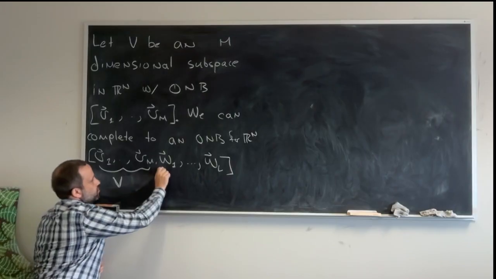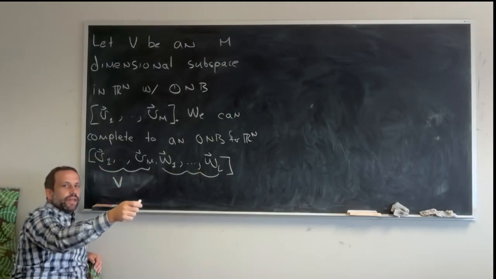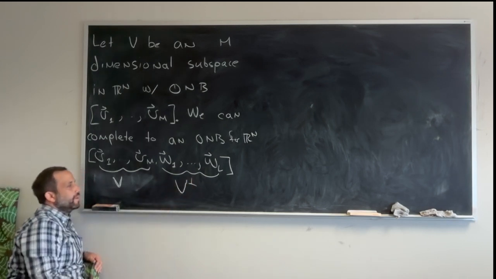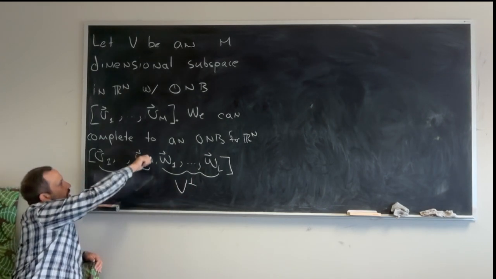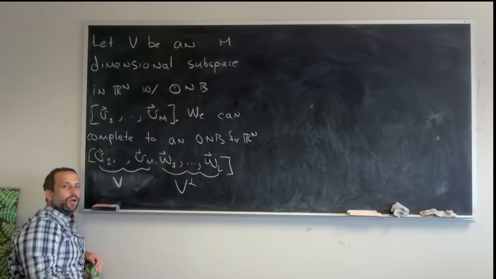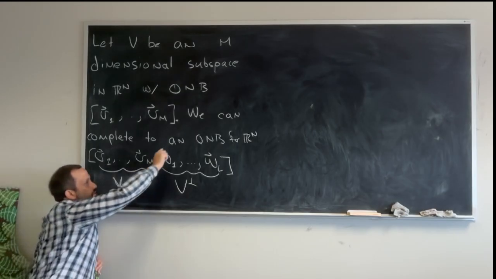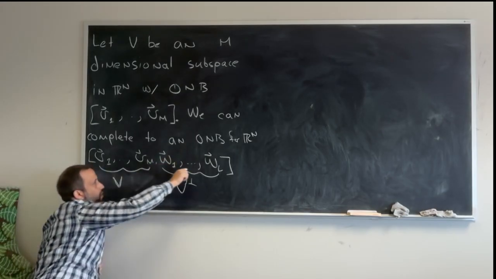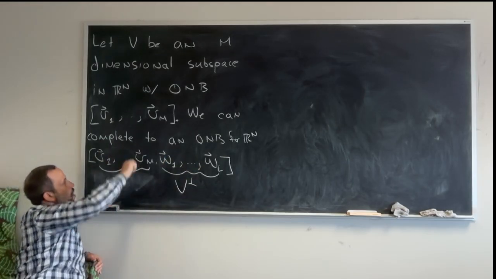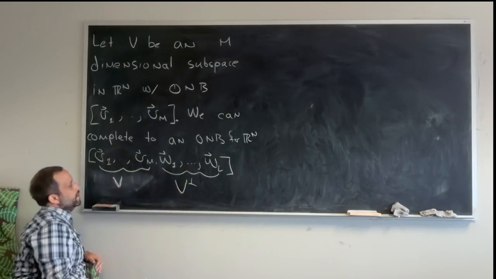And then these W vectors right here, well, they're a basis for everything else, but everything else has a name. It's called V-perp, the orthogonal complement of V. So this is a basis for V, and this is the basis for the orthogonal complement. Why do we call it the orthogonal complement? It's called orthogonal because everything in the linear span of the vectors w1 through wl is orthogonal to all of the vectors v.